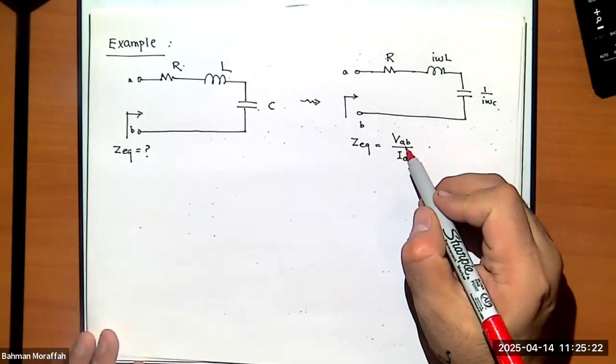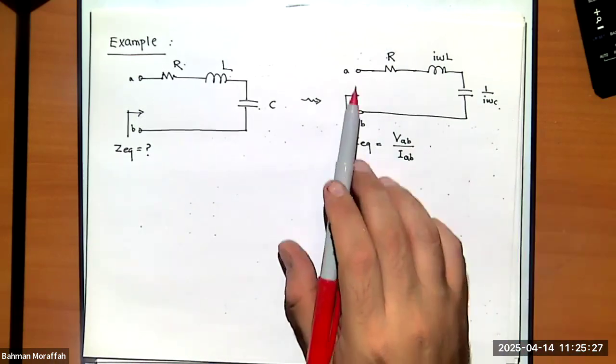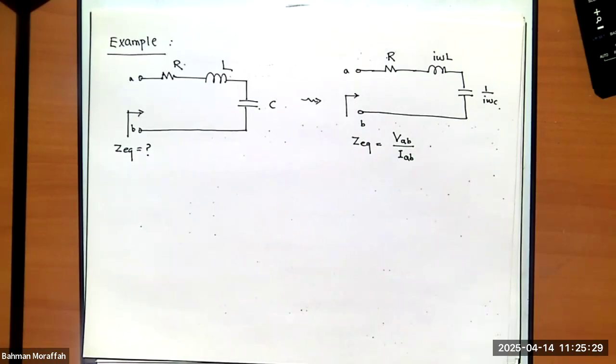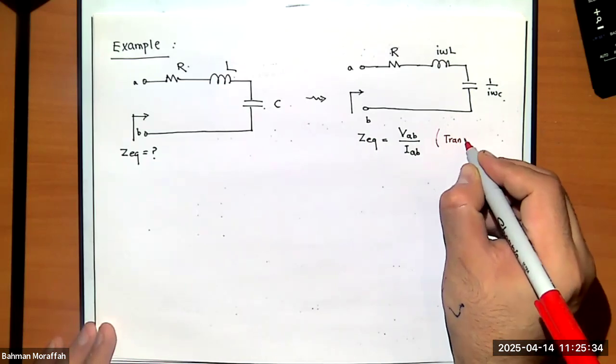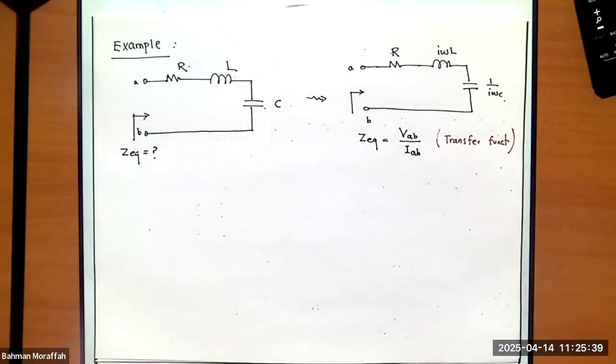So I can think of this V across AB as my output, and this I through AB as my input. So this is indeed a transfer function, a frequency response. This is just plug and chug, and we know exactly what it is. What is the equivalent? I have 3 elements in the frequency domain. They're all in series, so I can treat them as resistors.